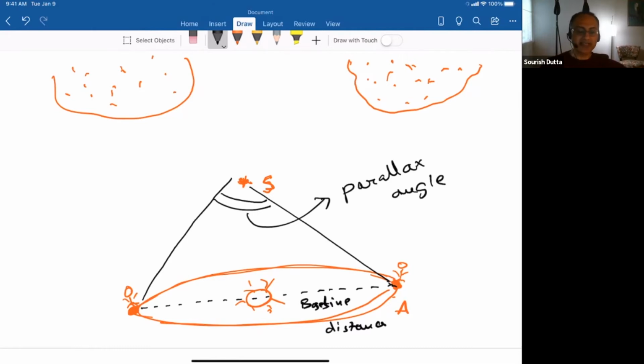And so that is one way in which you can find the distance out to different objects. This is just a review of what I discussed in a lot more detail in my video that I put up. But that is the phenomenon of parallax.